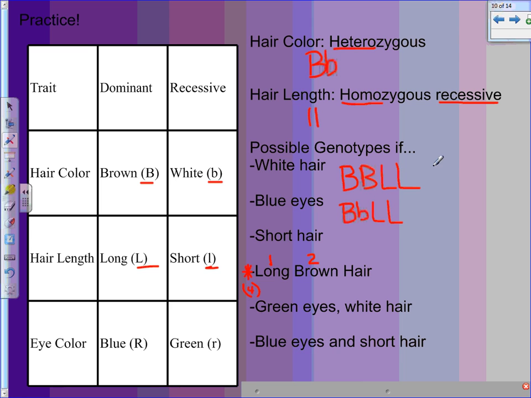Then we're left with only one other possible combination. We could do big B, little b. Oh, sorry, I made a mistake there. That happens every once in a while. Where's my eraser?